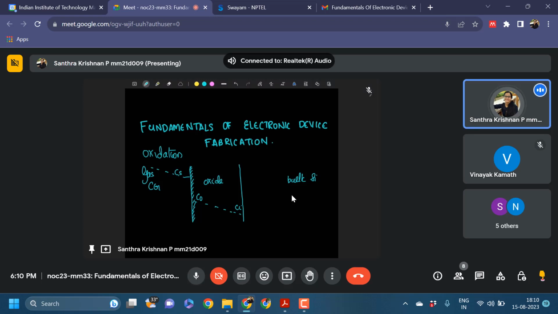Is it better now? Yeah. Okay. So as I was saying, can anybody please remember from the previous class and let me know what were the three fluxes that were associated with the oxidation process?